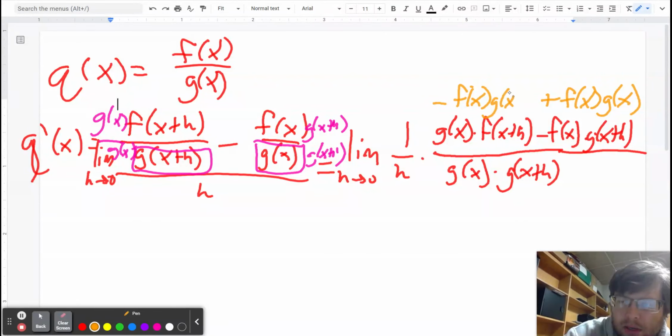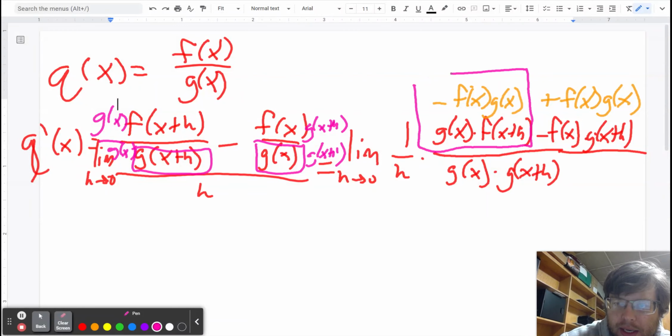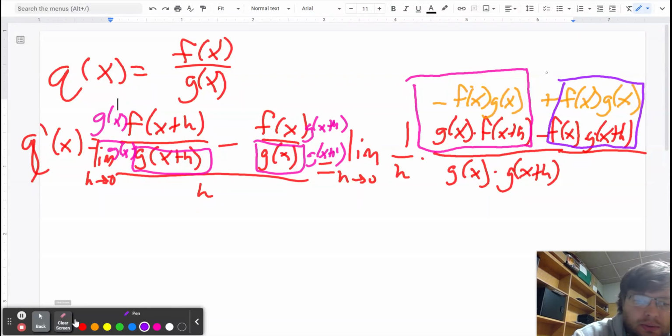I'm not looking at my notes, so I think this is the right way to do it, because then we have here a positive and a negative term that have a g of x in common, and then here we have a positive and a negative term that have f of x in common. So really similar to what we were talking about just a second ago.